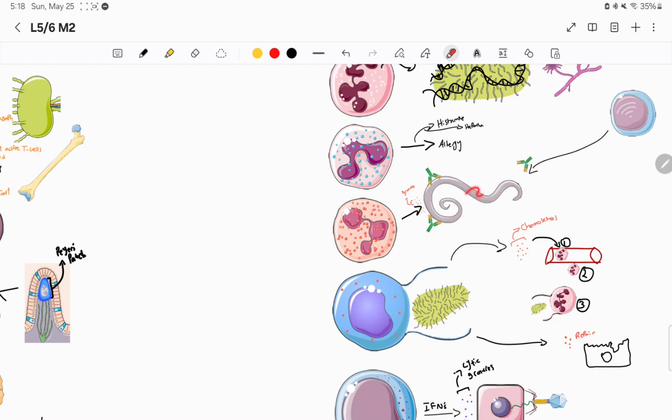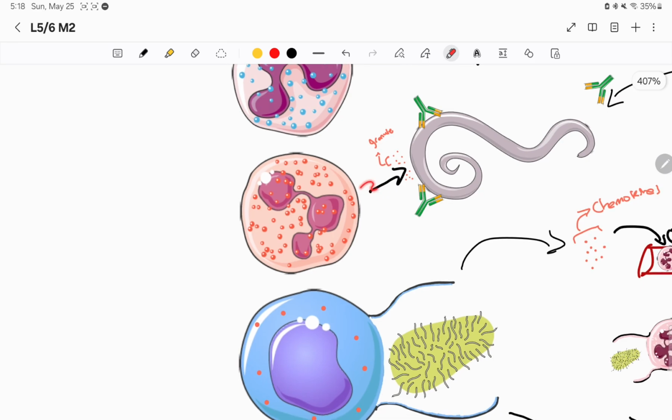The only way it can see it is if this plasma cell secretes antibodies that will stick to the surface of this parasite. Then, and only then, will the eosinophil be able to see this parasite and release the granules it has inside of it, causing destruction to the parasite and killing it.